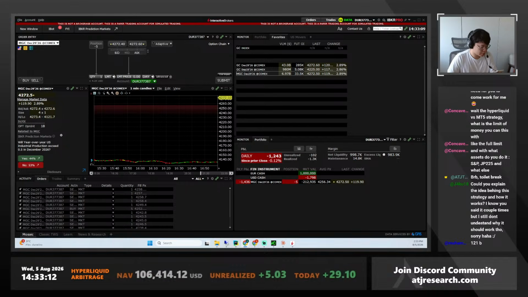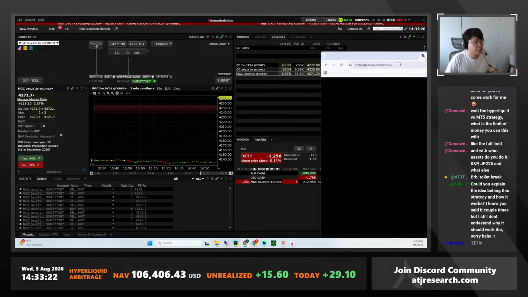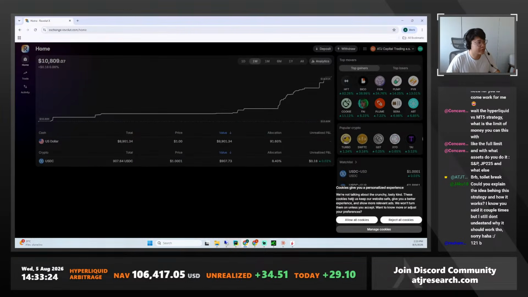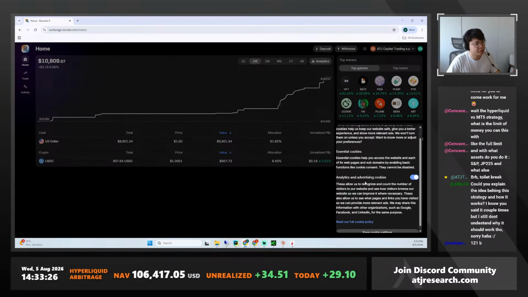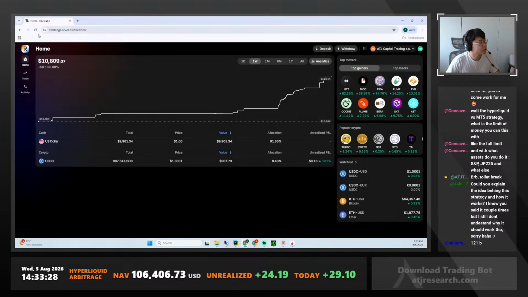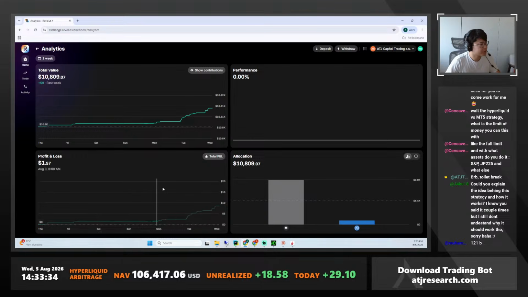Let me just show you the Revolut exchange results. The thing about Revolut is that it has zero maker fees, right? So you pay zero commission if you add liquidity to the order book. I started this project maybe 2 or 3 months ago.